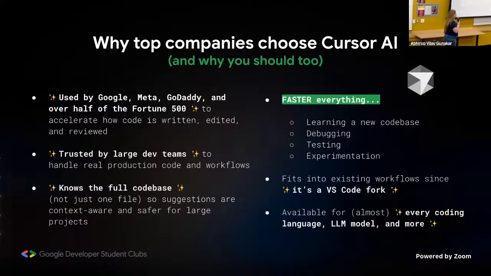It's simple and easy to use because it's familiar, like a VS Code fork, and it's available in every coding language. It also knows your full code base versus having to paste in code segments. You can just talk to your code base and ask, how can I use this, or what can I do with it?